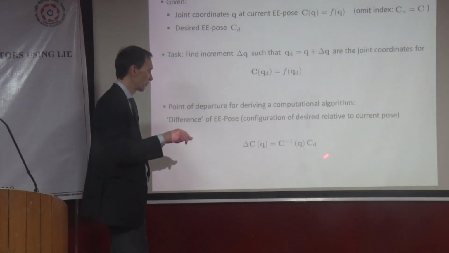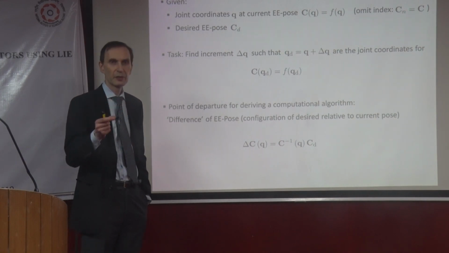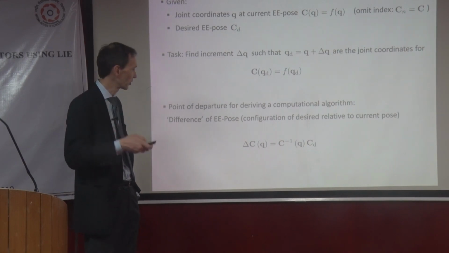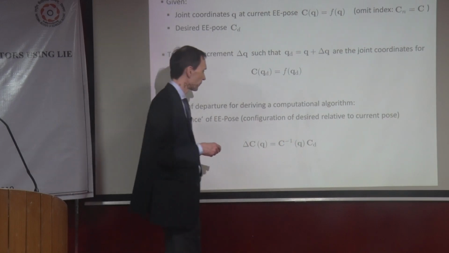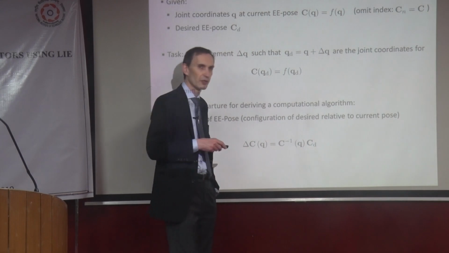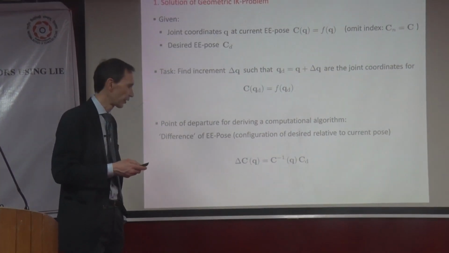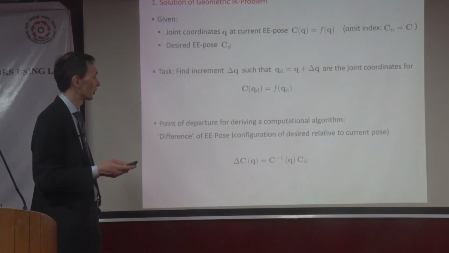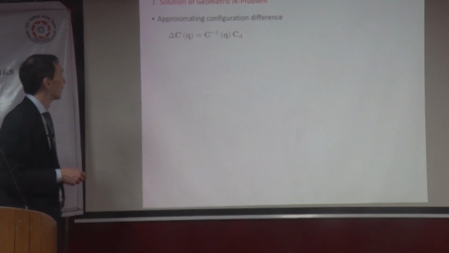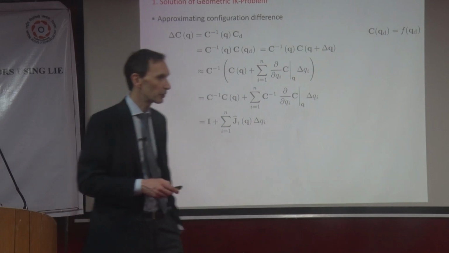Anyway, this is where we finished yesterday, by saying how do we compute an error, that means a distance, quote unquote, and that is of course the inverse of the current one times the desired one. You can do the opposite, and anyway, it gives you some sort of distance measure, or difference, or you can call it error measure. And this is where we stopped yesterday, and now I need a whiteboard.